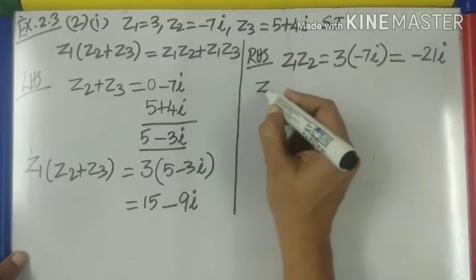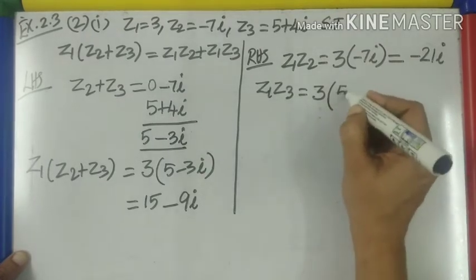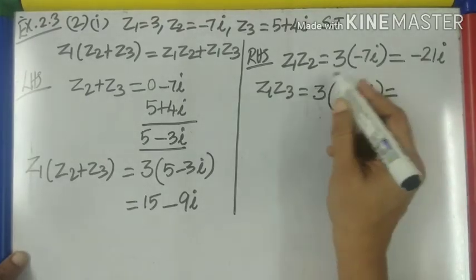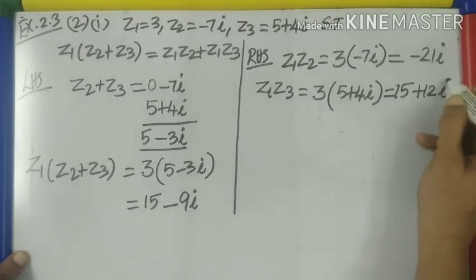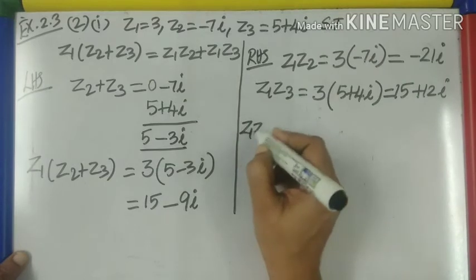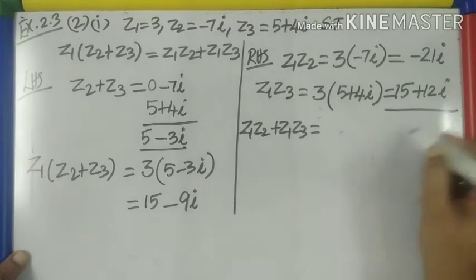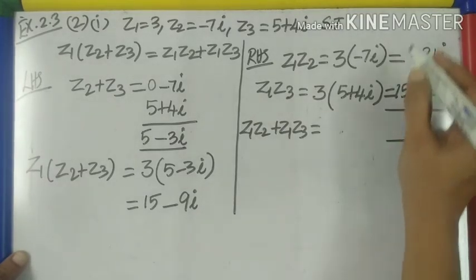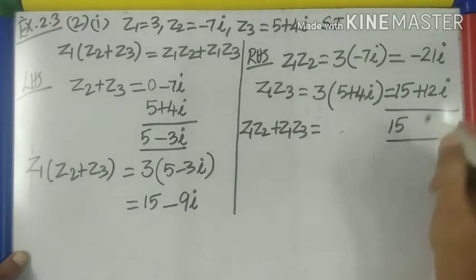Now I want to find out Z1 Z3. Z1 is 3. Z3 is 5 plus 4i. As I multiply, 3 5s are 15, 3 into 4i, 12i. And when I want to add Z1 Z2 plus Z1 Z3, here again no real number, treat it as 0. 15 plus 0, 15. 12i minus 21i, minus 9i.